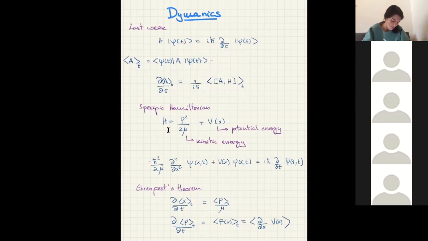So we can replace here the wave function at time t by the wave function at time 0, which is then evolved by some unitary at time t, right?